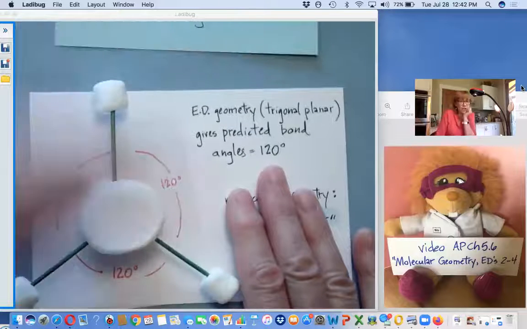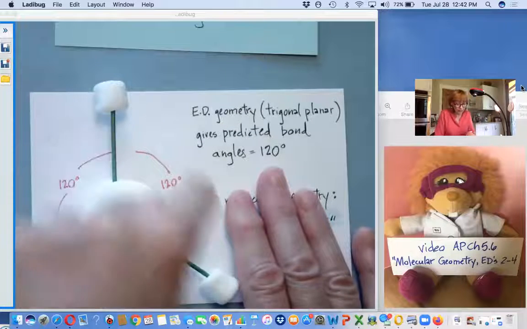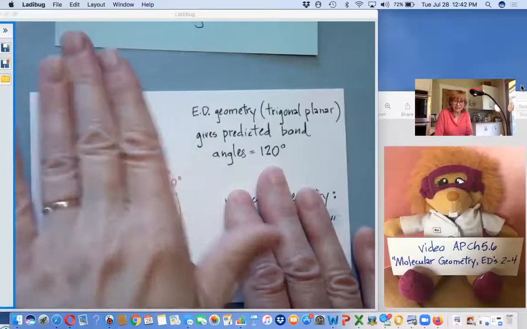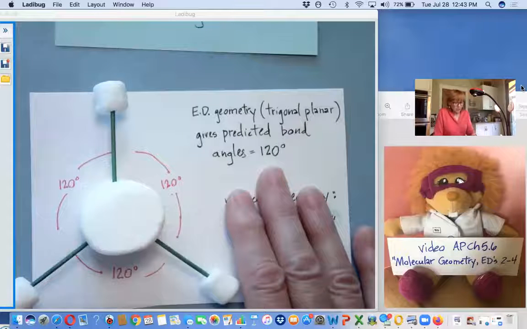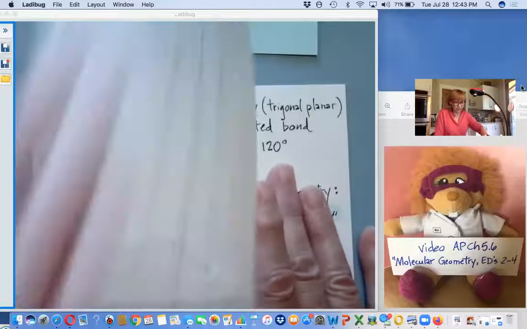This particular geometry, which gives 120 degrees between electron pairs, is called Trigonal Planar. This one is flat as a pancake. It's 2-dimensional. You don't have to try to envision coming out from the surface of the paper. And each of these electron domains is a bonding pair.